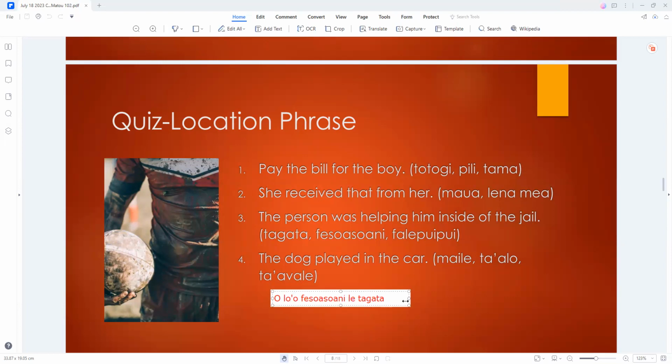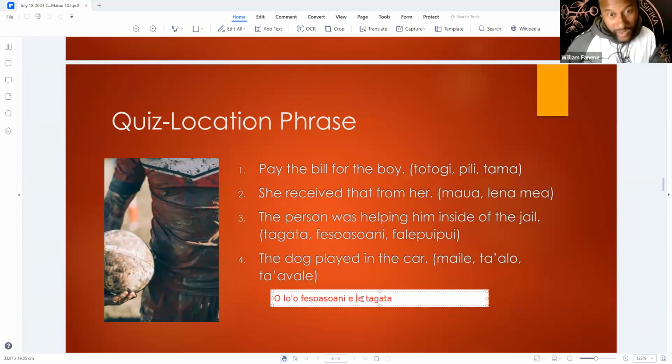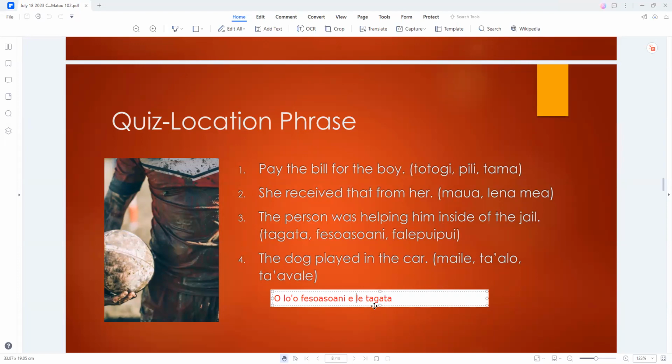Sorry, would it be e le tangata? Or no, le, I don't know. Okay, I'm just writing what you say for now, and then we'll come back to it. Okay, so olo fesosoani le tangata.